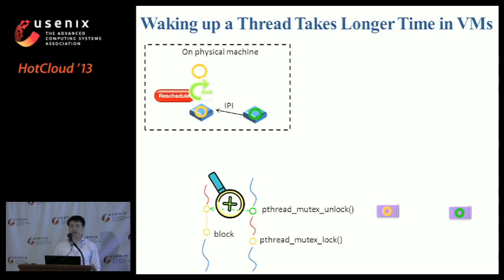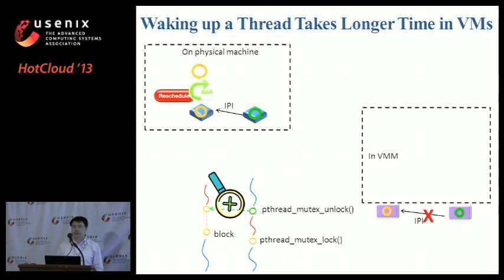If we run these two threads on a virtual machine, the IPI cannot be delivered directly to the virtual core calling pthread mutex lock. The virtual machine manager must intercept the interprocessor interrupt to handle it. So the virtual machine manager injects the IPI to the virtual core calling pthread mutex lock.